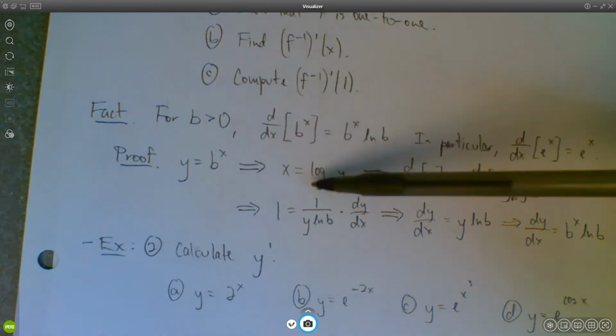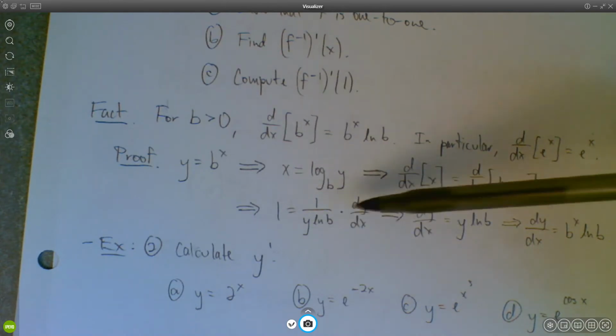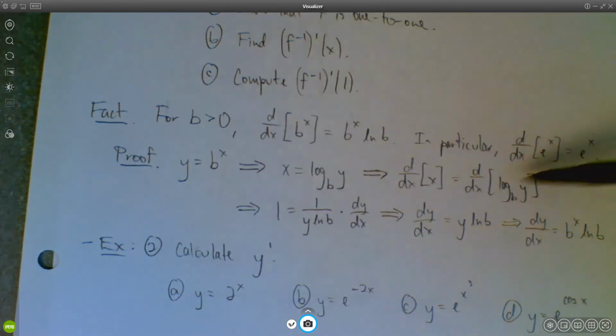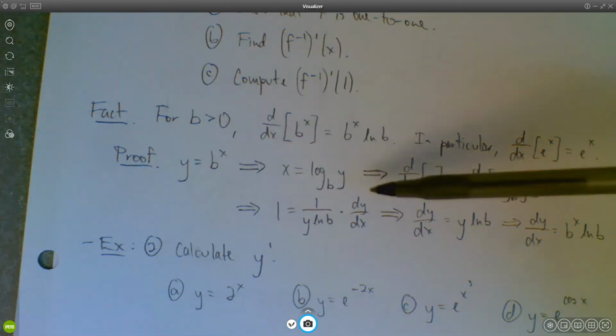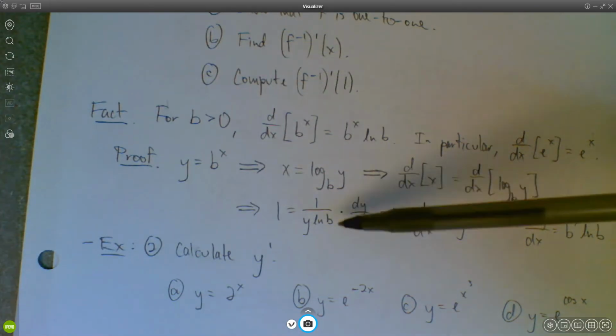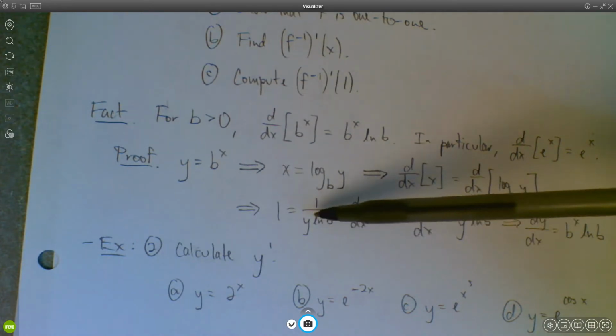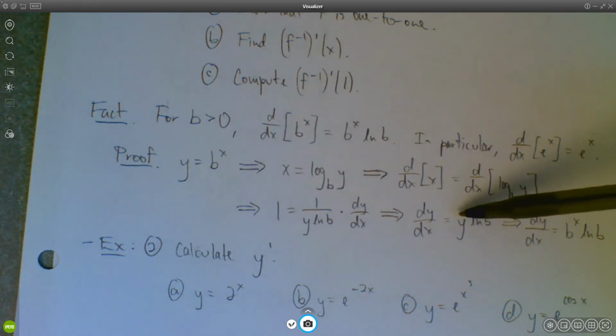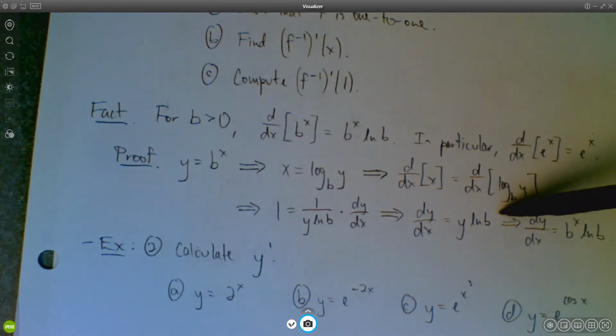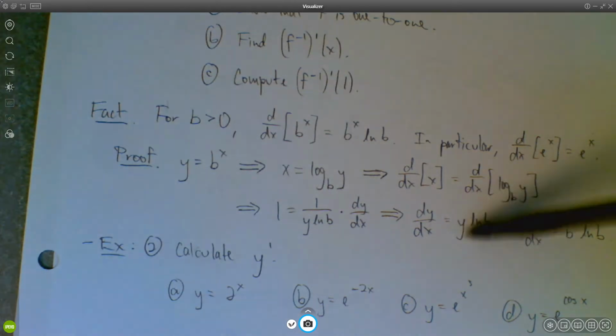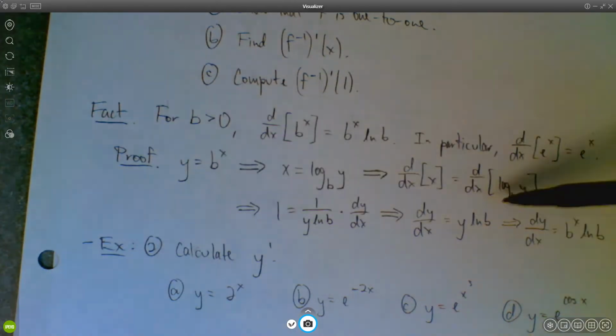This is 1 over y times the natural log of b times dy/dx. You've got to do the chain rule because we're doing implicit differentiation. Now if we want to solve for dy/dx, we multiply through by y times ln of b, and we get this. And what was y? Well, y was b to the x, right? And that concludes that proof.